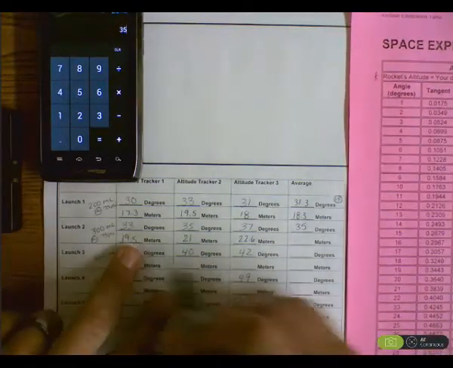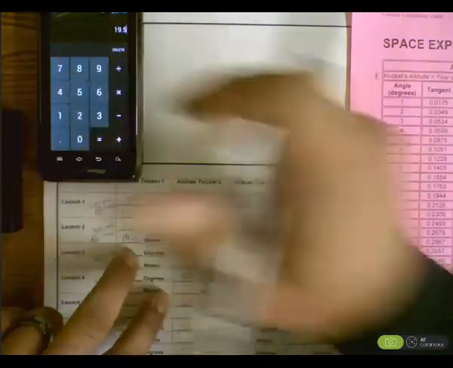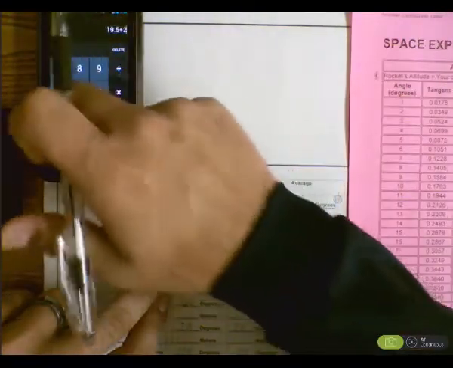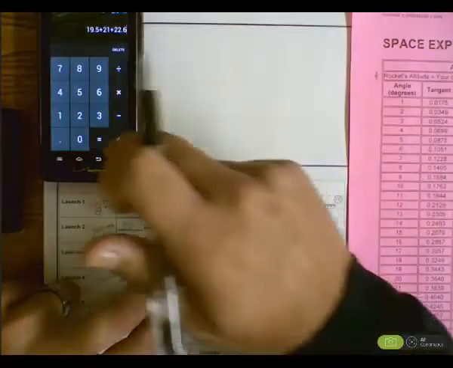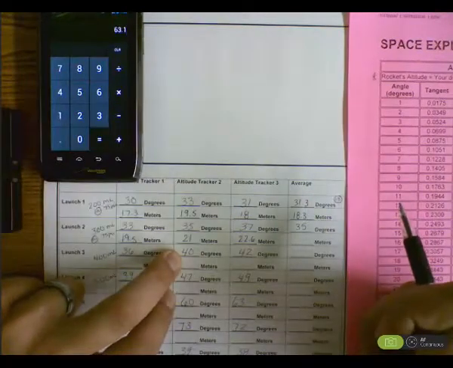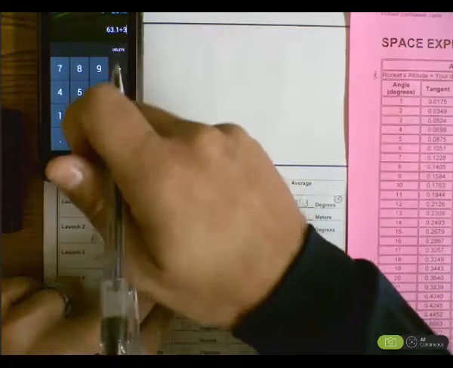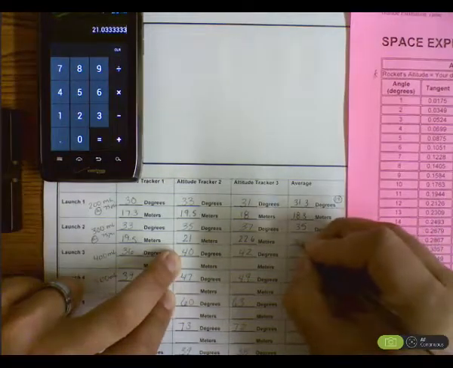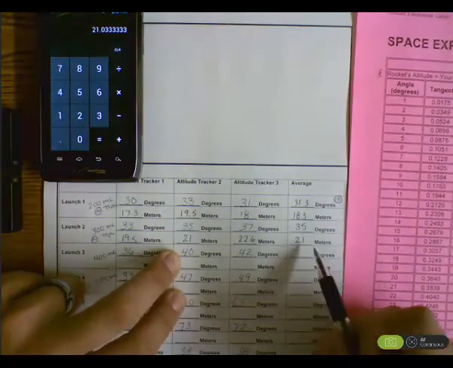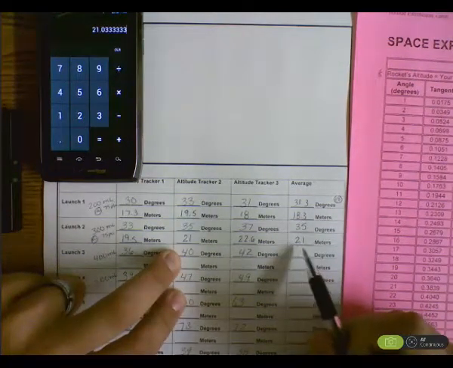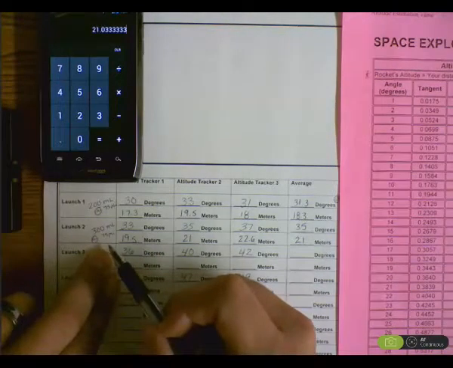Now let's find the average for meters. 19.5 plus 21 plus 22.6 equals 63.1 divided by 3 equals 21. So my average meters was 21 meters for 300 milliliters at 75 psi's.